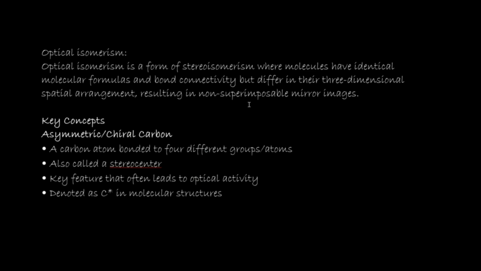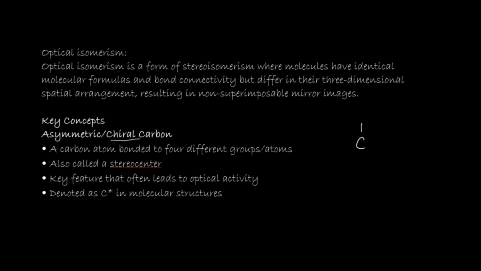Without going into much detail, I just want to give you the terms we use to explain optical isomerism. The first term is chiral carbon, also called asymmetric center. These are two different words. A chiral carbon is a carbon atom attached to 4 different groups or atoms.